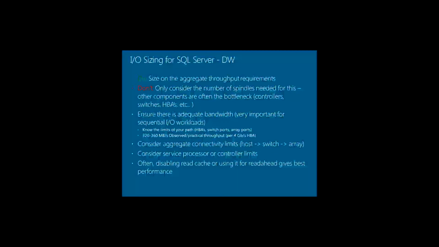You also have to look at the other components in the chain: controllers, switches, HBAs. As we saw in our example, even the number of cores and processors can be a bottleneck. So you have to look at the entire path end to end and make sure you understand where your bottlenecks are and that there's no bottleneck that is smaller than what you need performance-wise.